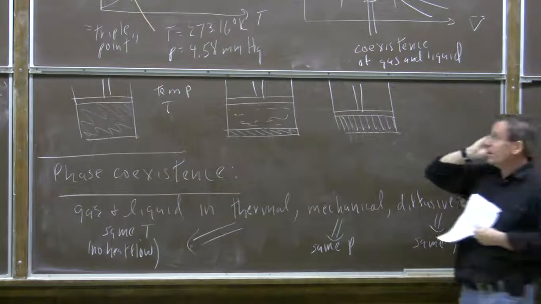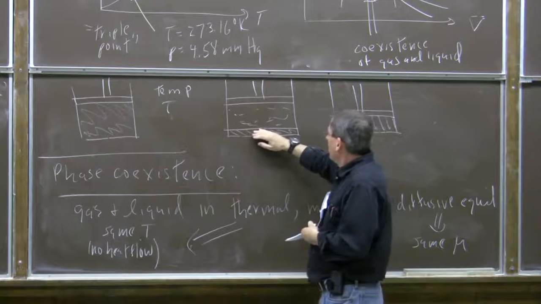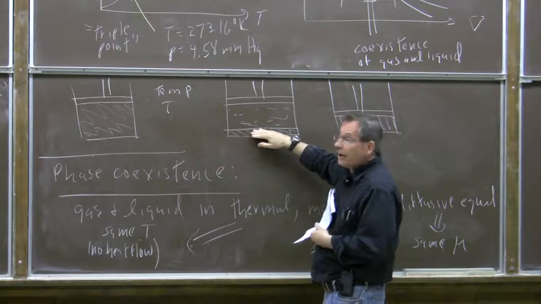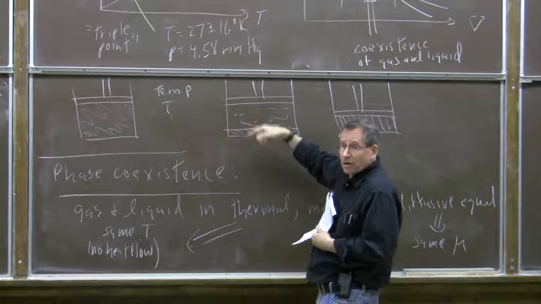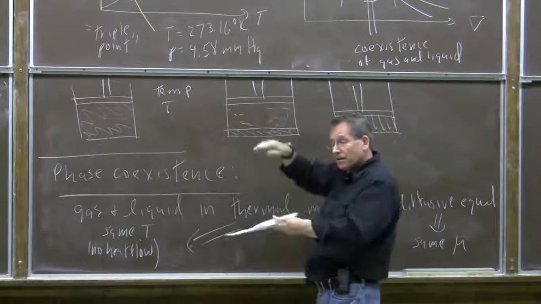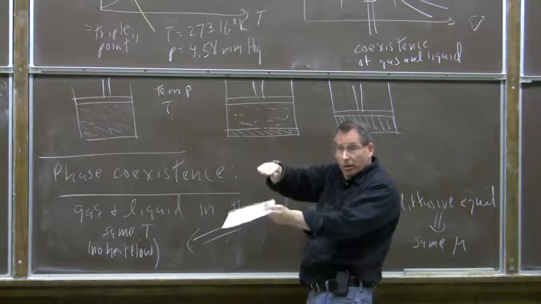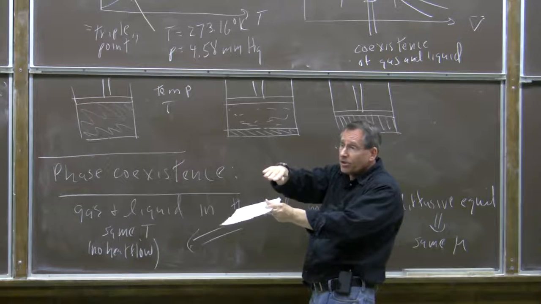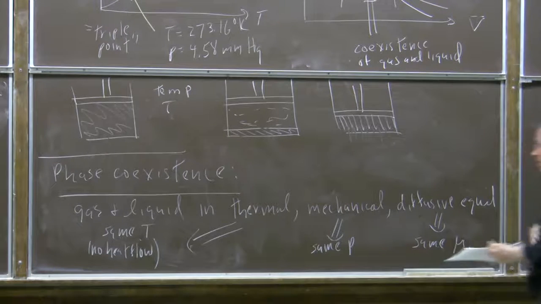So if the chemical potential of the liquid were higher, that would mean more of the liquid would want to convert to gas until the diffusive equilibrium is established and the chemical potentials match. So when we have phase coexistence, you can think of the chemical potential as a function of temperature and pressure because both phases have the same temperature and pressure, and the chemical potentials match.